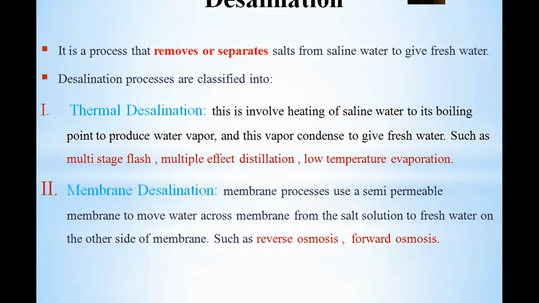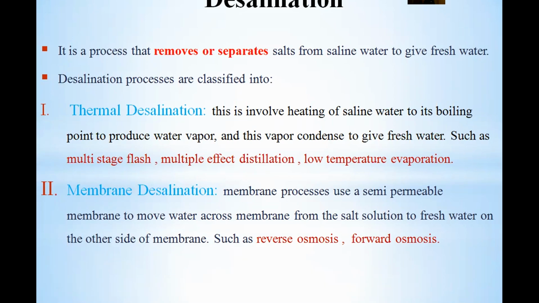Desalination is classified into two main types: thermal desalination and membrane desalination. Thermal desalination involves heating saline water to its boiling point to produce water vapor, and then the vapor is condensed to give fresh water, as in multi-stage flash, multi-effect distillation, and low temperature evaporation.